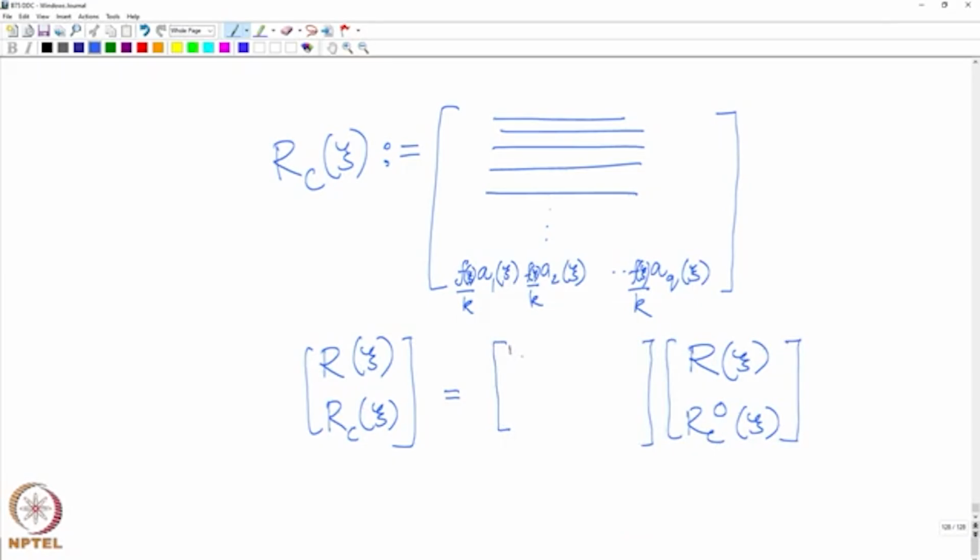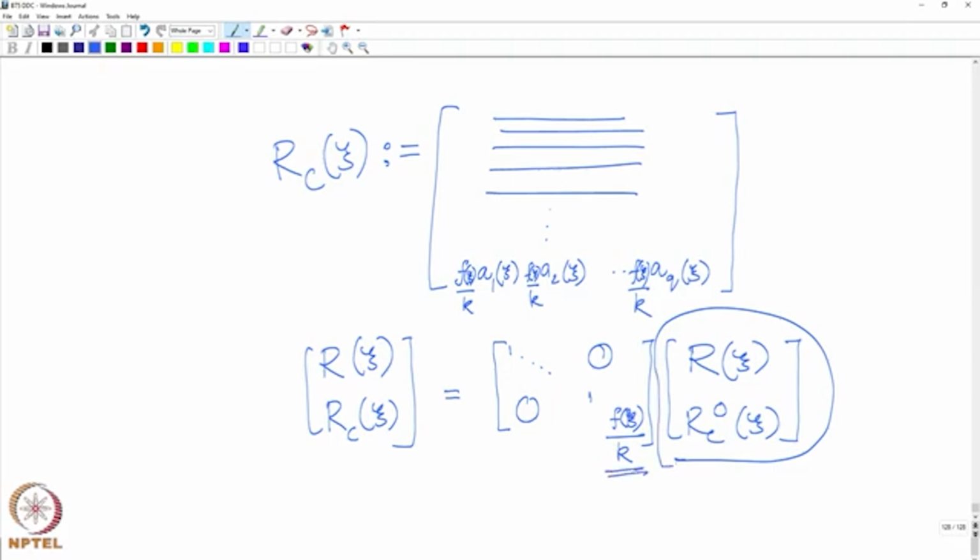That means this matrix is the same as this diagonal matrix, which is almost like an identity, but the last entry is changed by f xi divided by k. That is what multiplies the last row of this entire matrix by this guy.